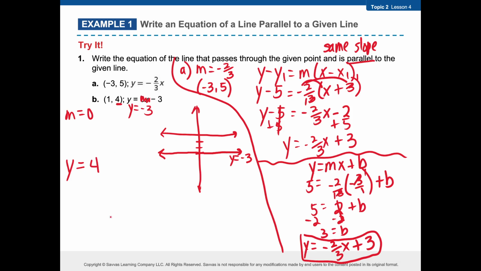So y equals 4. And again, if you want to check it, 1, 2, 3, 4. And this is touching 1, 4. So it's a horizontal line only touching the y-axis, going through the point 1, 4.